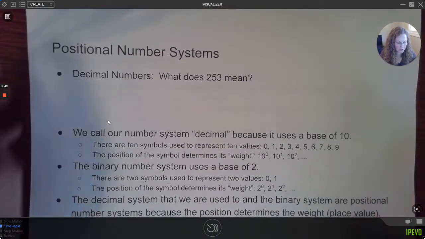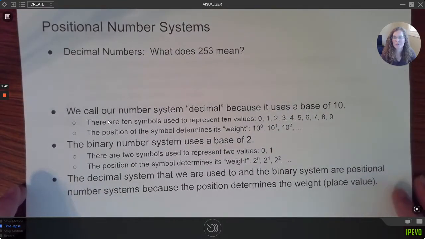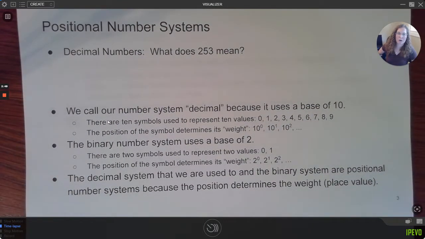In order to understand how computers represent numbers, we need to look at what a positional number system is. Whether you studied this before or not, we use a positional number system, and in particular, we use decimal numbers. If you see a 2 followed by a 5 followed by a 3, we all know what that means.